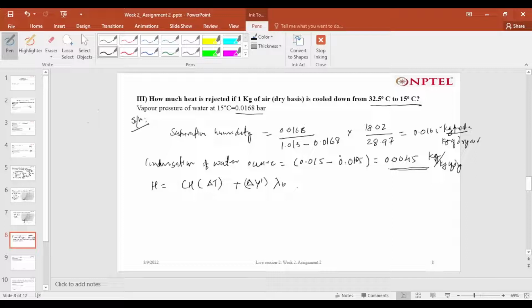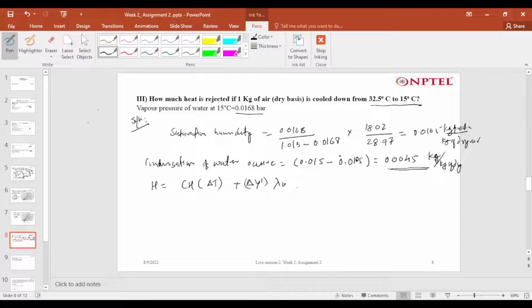Now to calculate the heat, this is the humidity. This is the formula for it: 0.05 plus 1.838 times... Sorry, one minute.